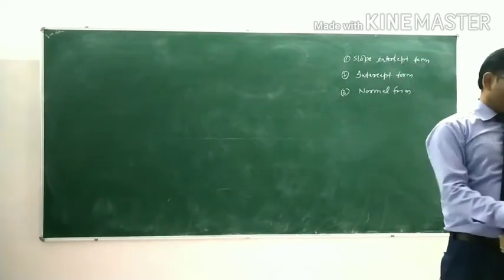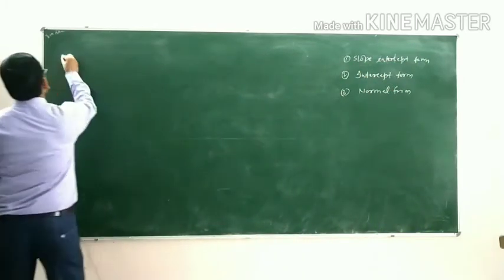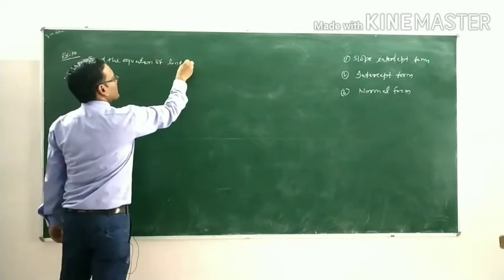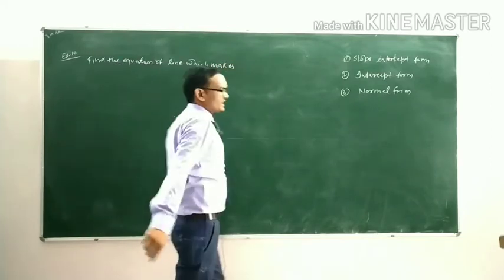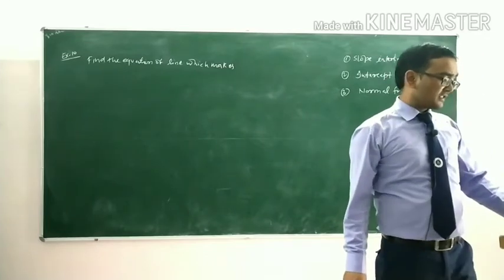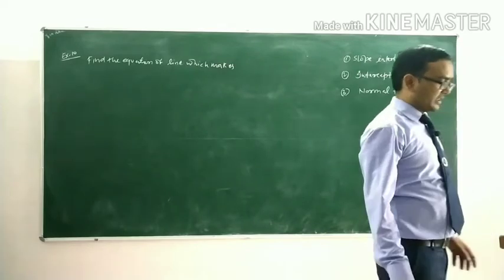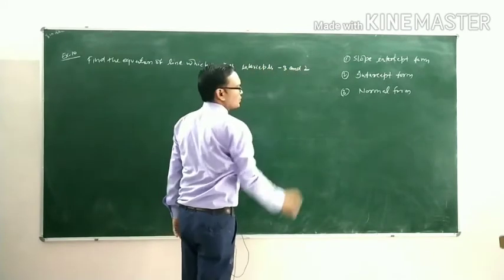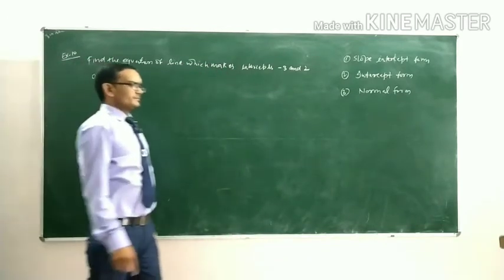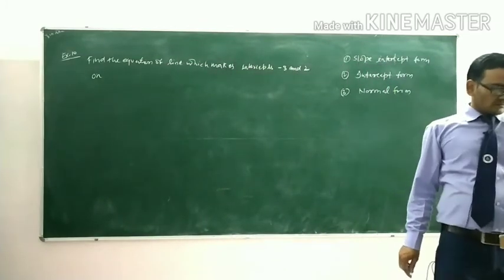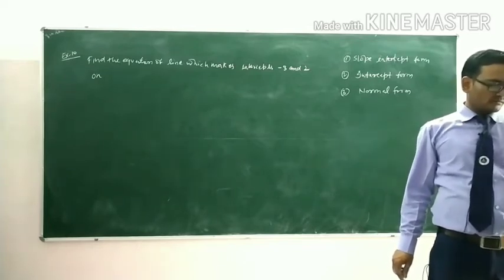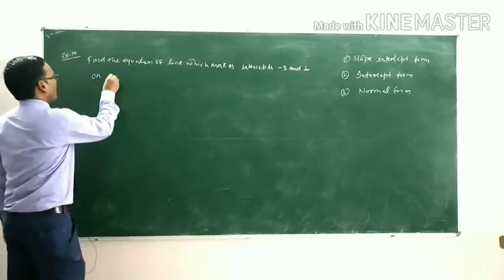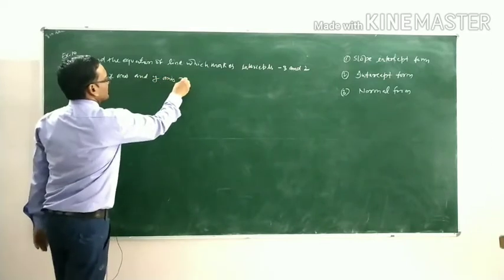Example number 10: find the equation of the line which makes intercepts minus 3 and 2 on the x-axis and y-axis respectively.